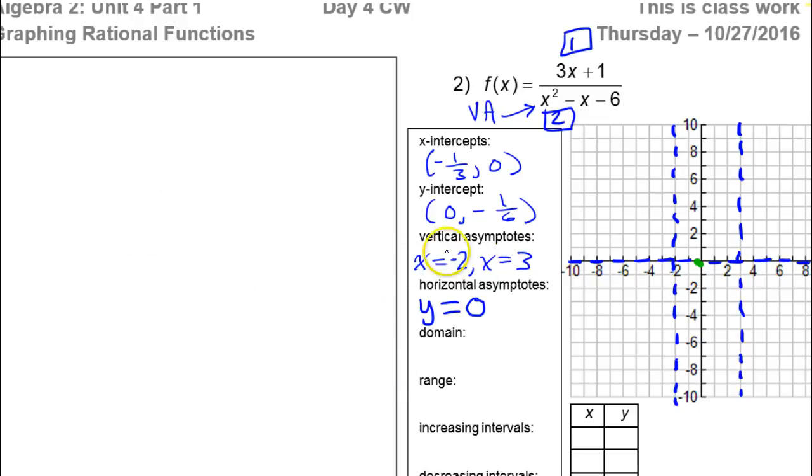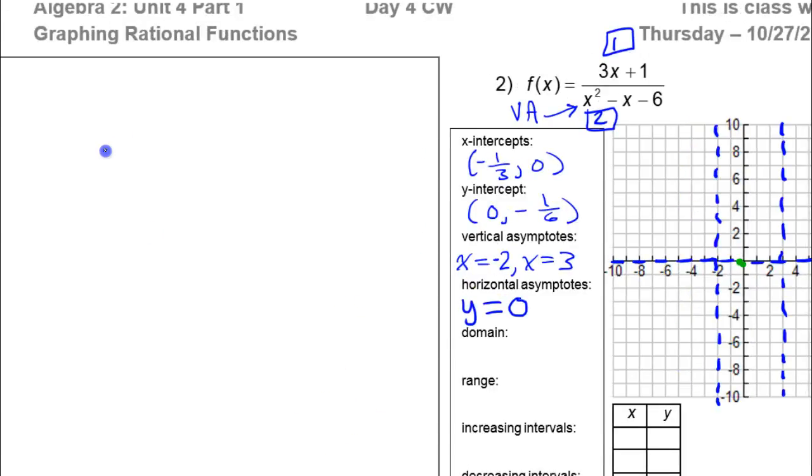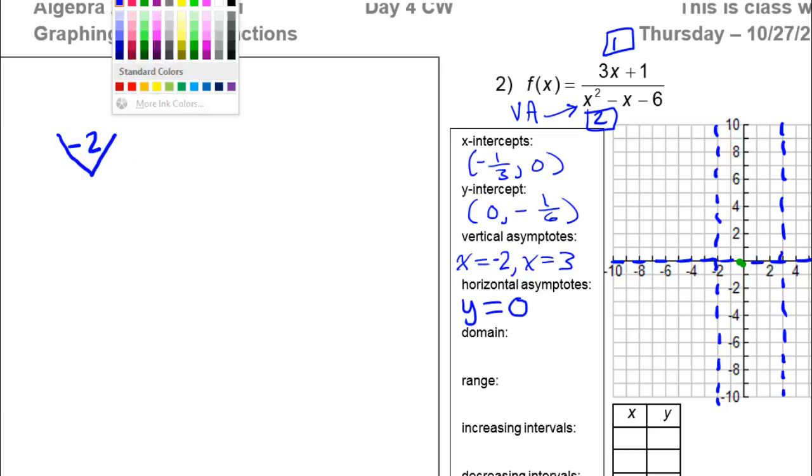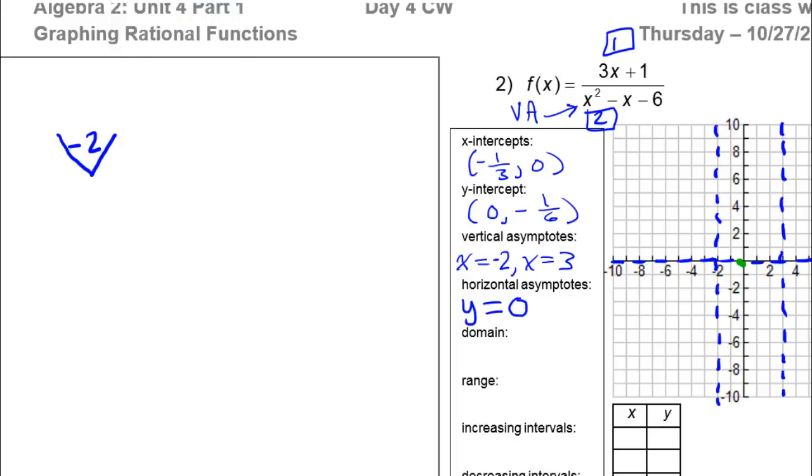It's all going to be based on the vertical asymptotes. Each vertical asymptote is going to give you 4 x values that you are going to want to use. So in this way, my first vertical asymptote is negative 2. So watch how I get 4 values out of this.